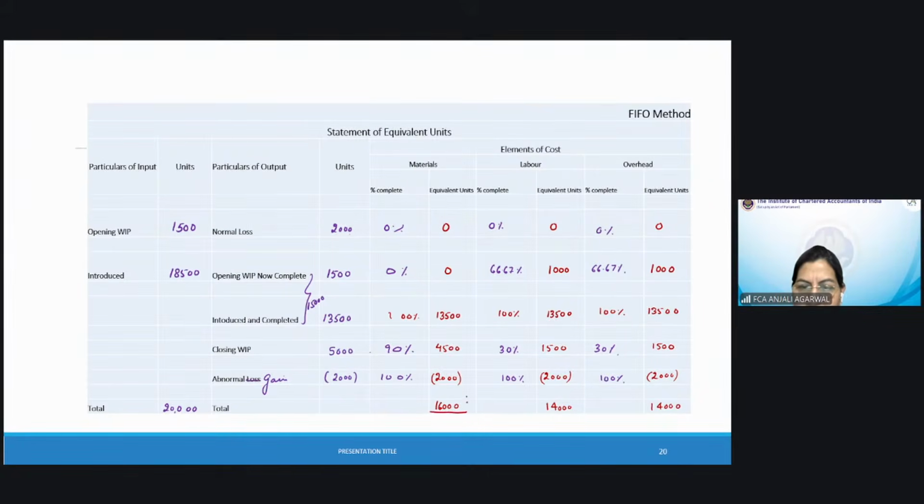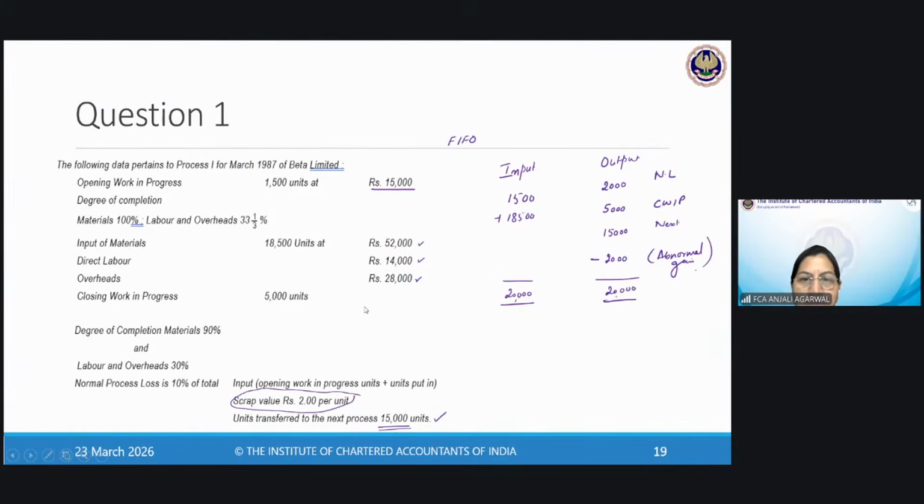So this will be very important information from the process statement of equivalent units: 16,000, 14,000 and 14,000. Another important information is abnormal gain is 2,000 units. Closing WIP is 5,000 units. 15,000 units are complete, out of which 1,500 was opening WIP and 13,500 is currently introduced and completed. We know that normal loss will be sold for 2 rupee per unit.